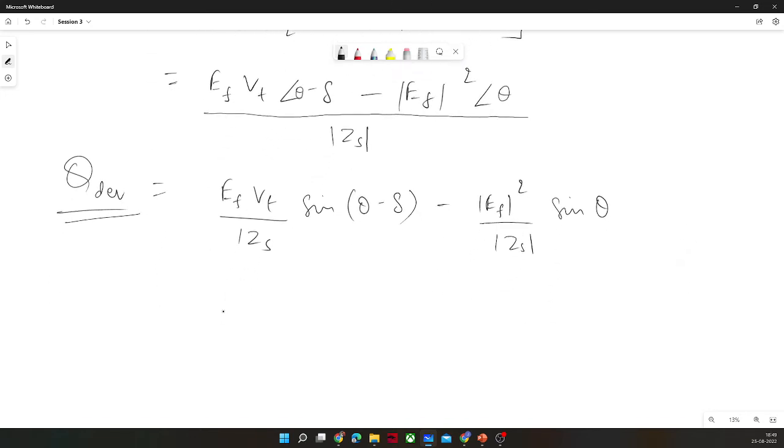Now, take the example of an inductor. If it is overcharged, so in terms of a machine, if it is overexcited, it will try to provide power in terms of reactive power. Generally an inductor provides lagging power because it has excess lagging power.